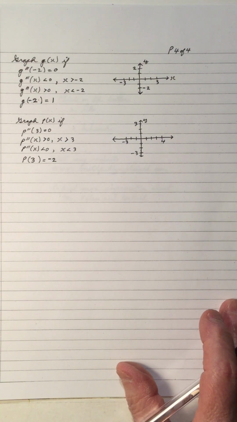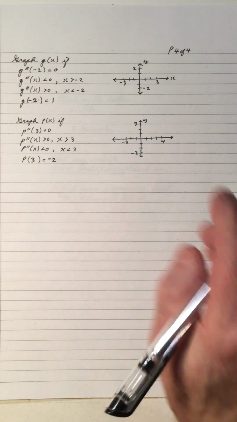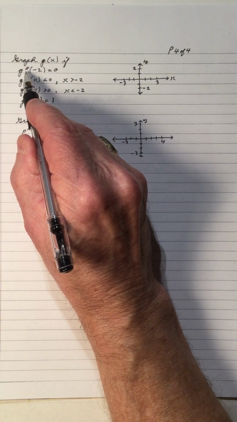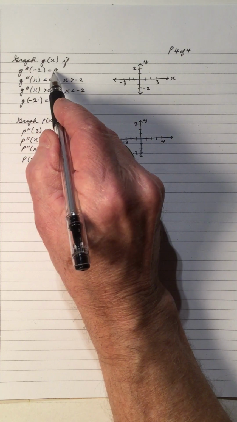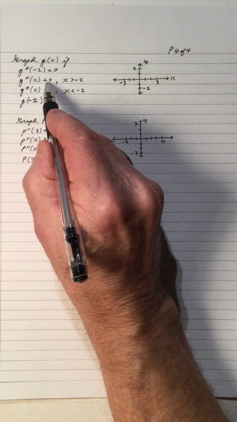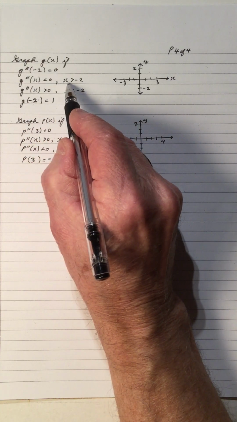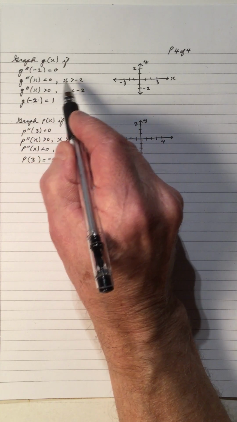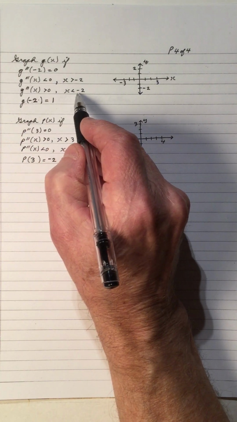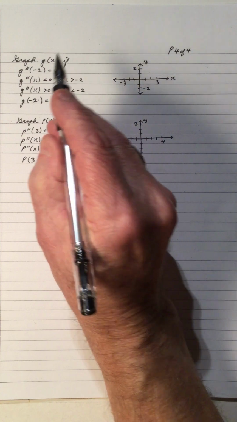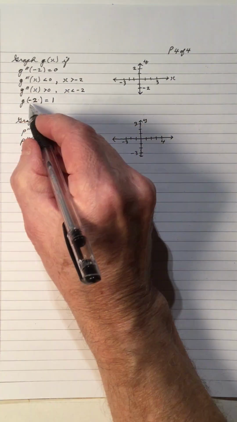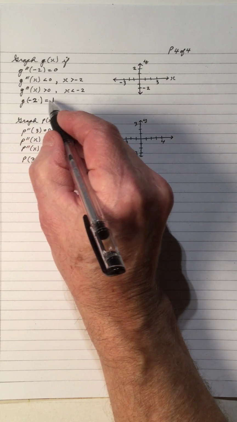Another question I thought about doing is these two. Graph g of x if g double prime of negative 2 is 0, g double prime of x is less than 0 when x is greater than or equal to negative 2, and g double prime is greater than 0 when x is less than negative 2. And g of negative 2 equals 1.